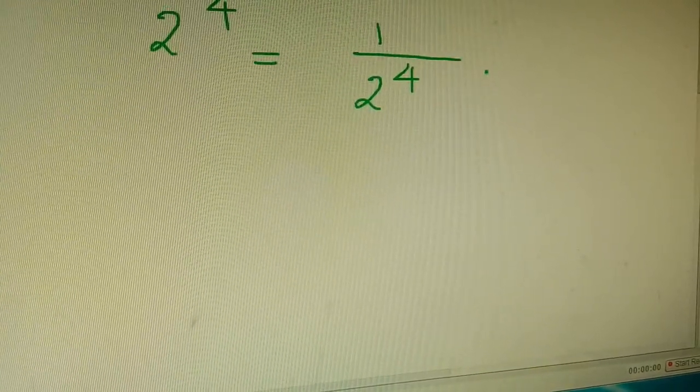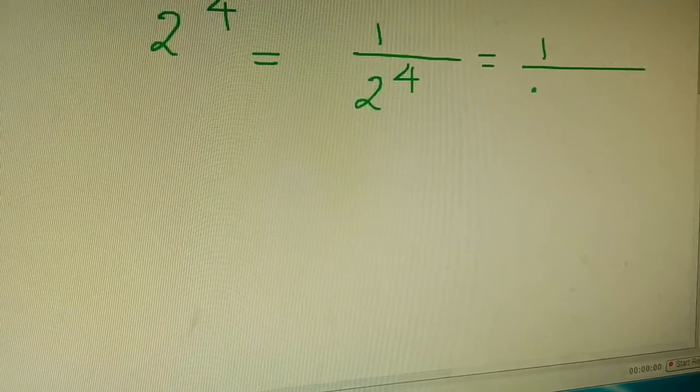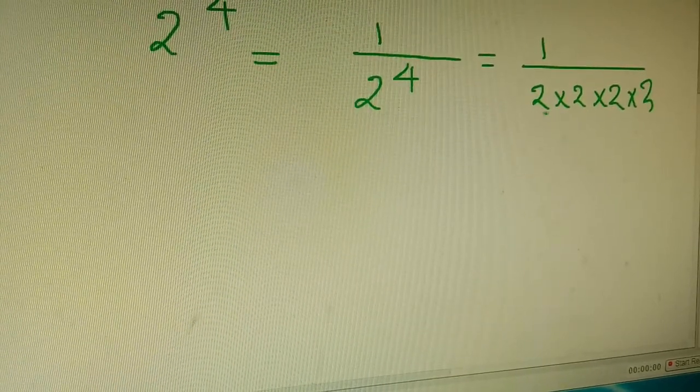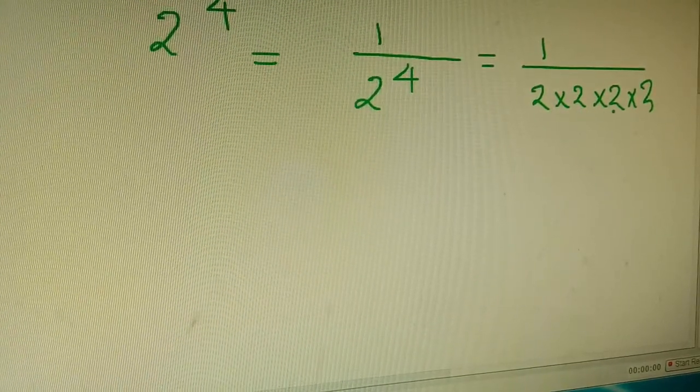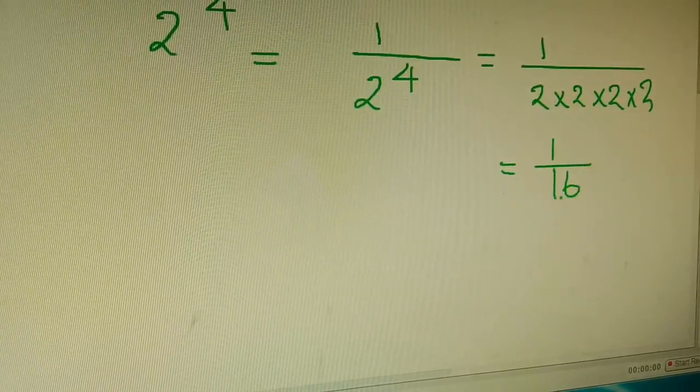Then what is 2 to the power of 4? 2 multiply 4 times. 2 times 2, 4, 4 times 2, 8, 8 times 2, 16. So the answer is 1 by 16.